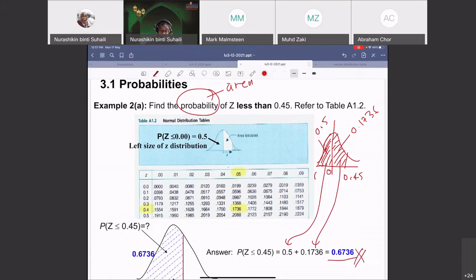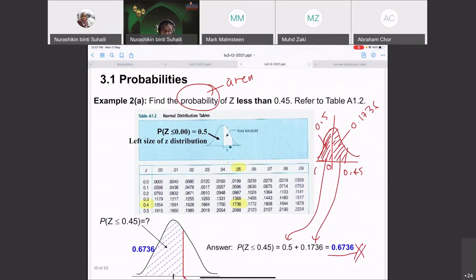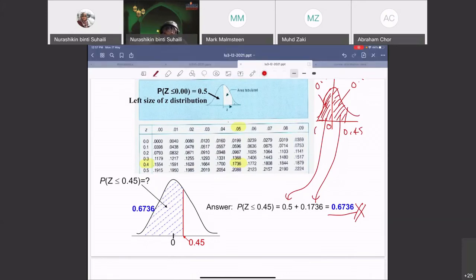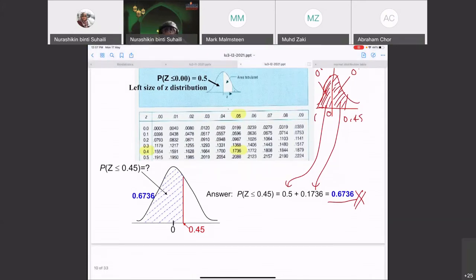It's not only 0.1736, because we are talking about the whole distribution, and the whole distribution starts from the earlier part. It's not just from the right side. So that's how you use the Z distribution table.